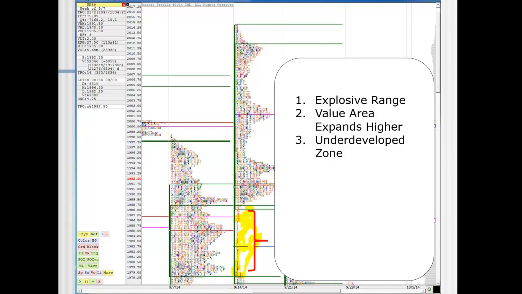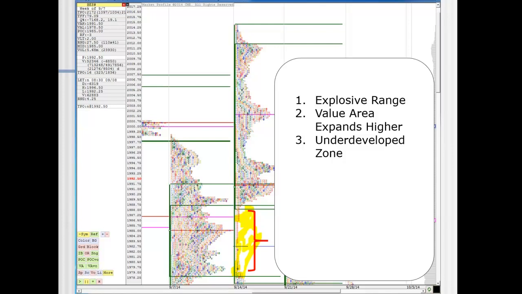Now, I say hasty because it still has not been validated. The explosive range is telling us to look closely and monitor this particular auction, because the auction has things that are unusual occurrences for an auction. There are things out of the ordinary.